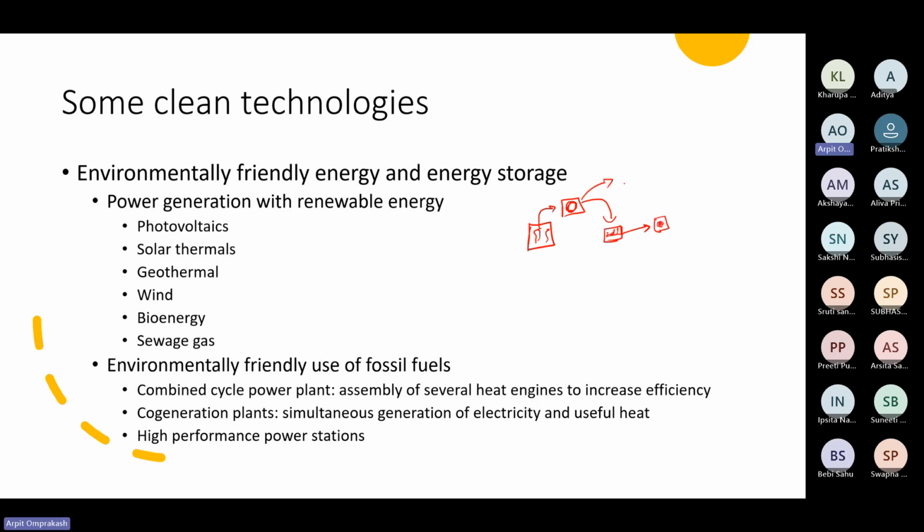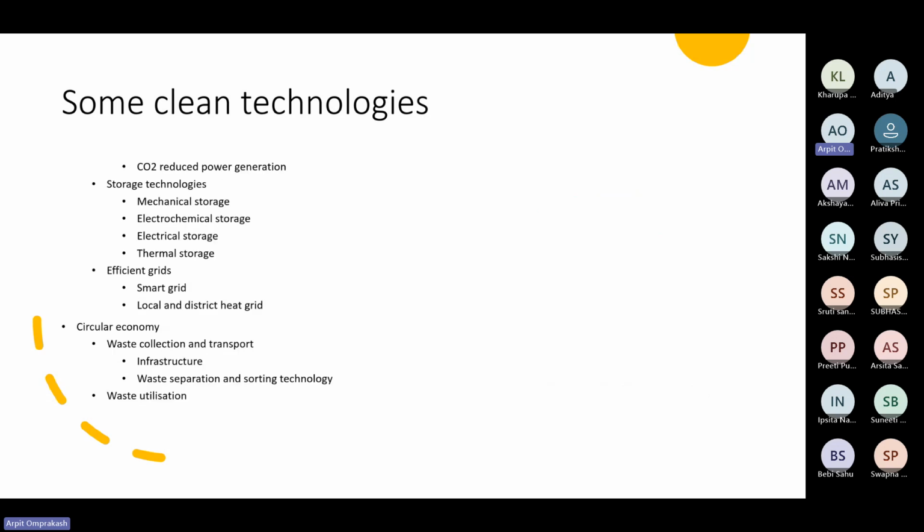We can put steam here from another turbine if it is sufficient. And also basically having this assembly of several engines increases the efficiency. So the amount of heat that is generated is not getting lost. Cogeneration power plants, where basically you're generating electricity and also heat, especially for colder regions such as Russia or Japan. Like high performance power stations, then CO2 reduced power stations, and there are other things such as storage technologies of how to store this energy, efficient grids for efficient distribution.